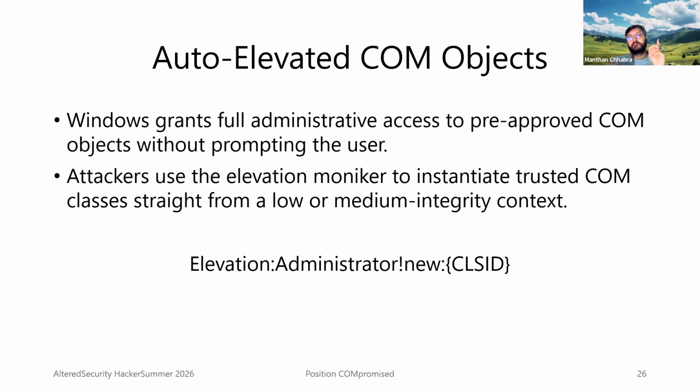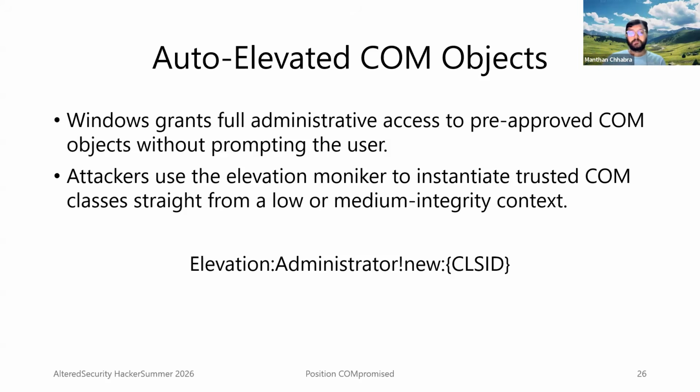Now, again, the requirements when it comes to abusing these auto elevated COM objects: the COM class needs to be pre-approved. The target CLSID needs to have the auto elevate property, called Enabled, and its value needs to be set to 1.